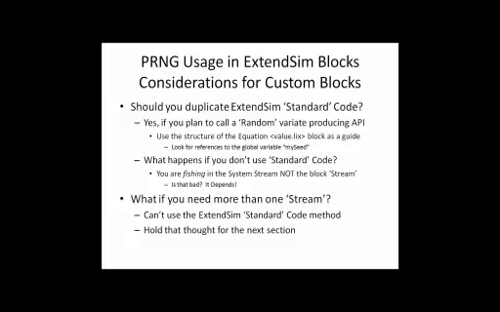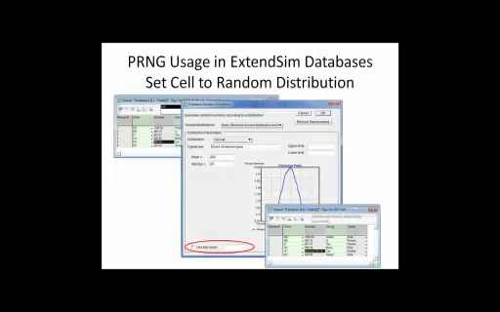All right, so let's switch gears and go to the database mode. Now we're going to look at the methods and so forth that apply when we essentially define a cell as containing a random distribution.